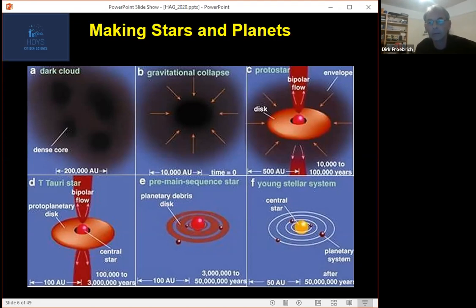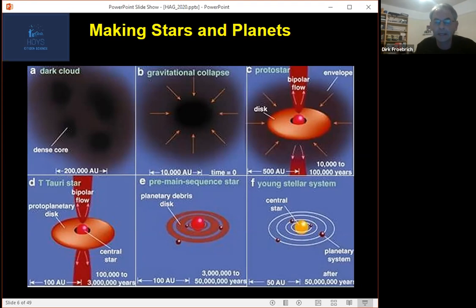And then we know from observations that these disks live typically a few million years, on average maybe 5 million years. Hence you only have these 5 million years to go from micrometer-sized dust grains to make the planets that we see in our solar system and in all the exoplanetary systems that we have found.